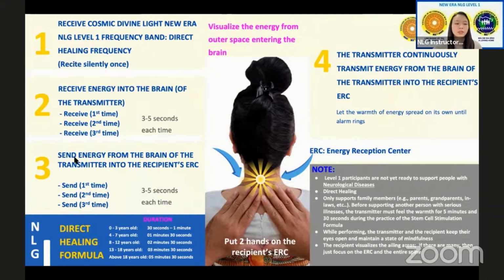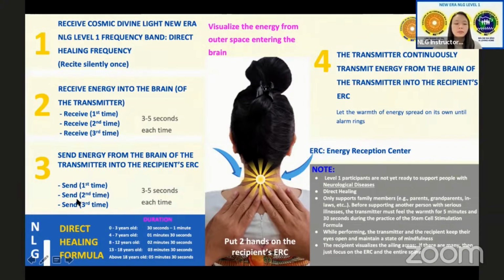And then step 3, send energy from the brain of the transmitter, so that's your brain, into the recipient's ERC. So remember that you'll be sitting down, facing the recipient's ERC like this, okay? And so you will visualize energy from your brain to the person's ERC right here.